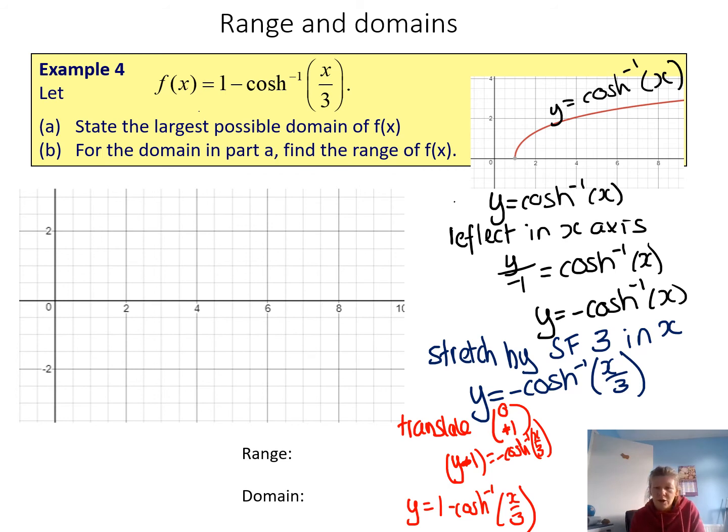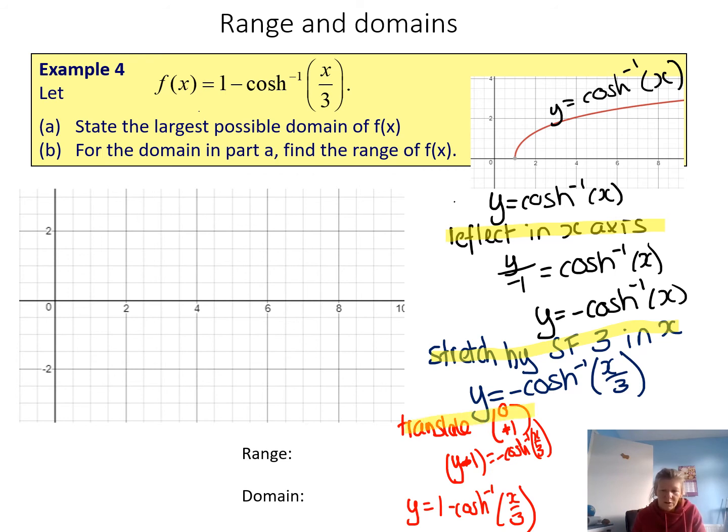So let's think those things through with the graph here. First, reflecting in the x-axis, then we're going to stretch, and then we're going to translate.